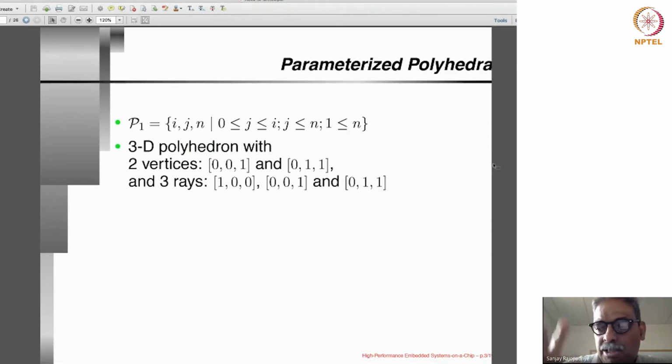polyhedra have multiple representations. You can think of something as the set of points that satisfy a finite number of linear inequalities, or you can think of it as you have seen in high school or middle school geometry, you have this notion of some number of vertices.